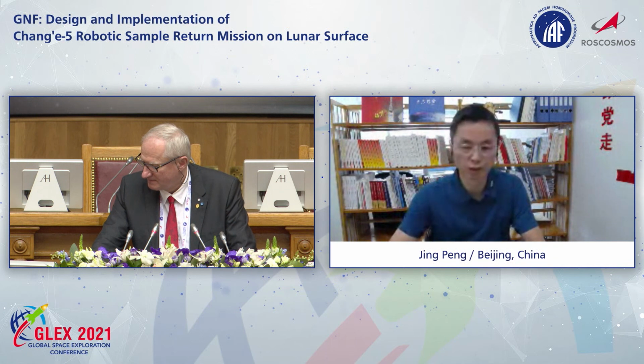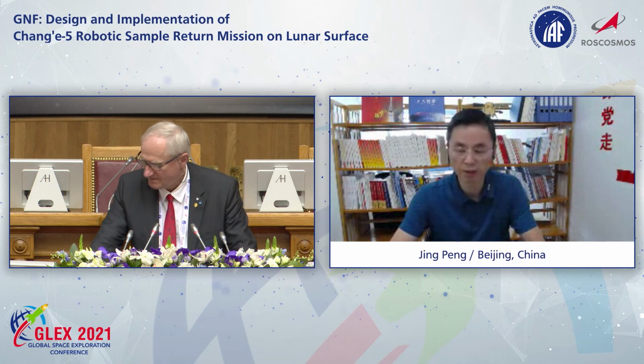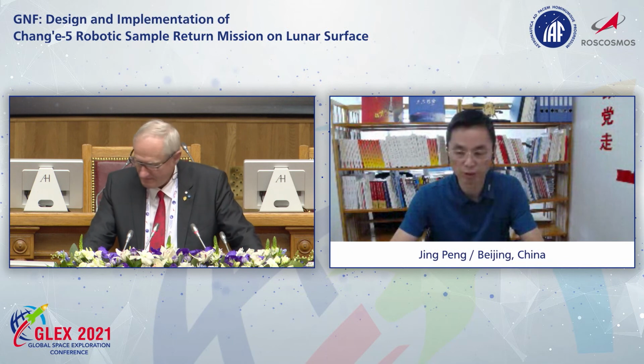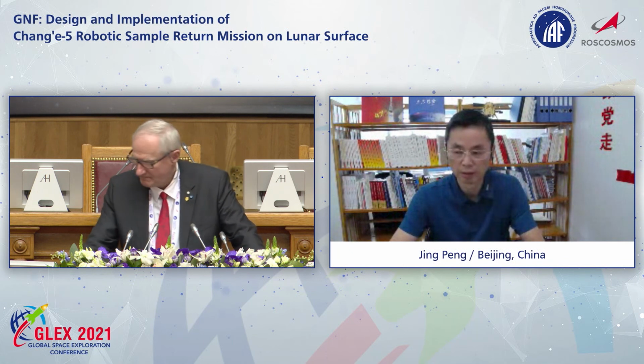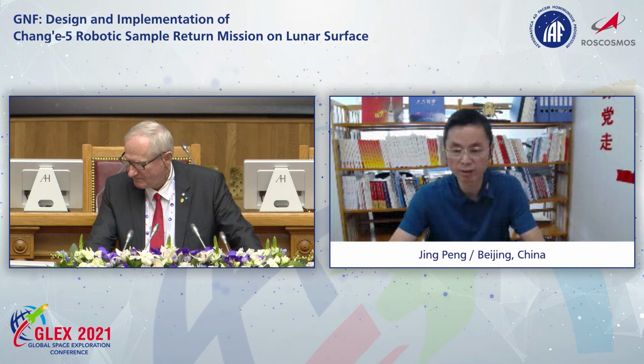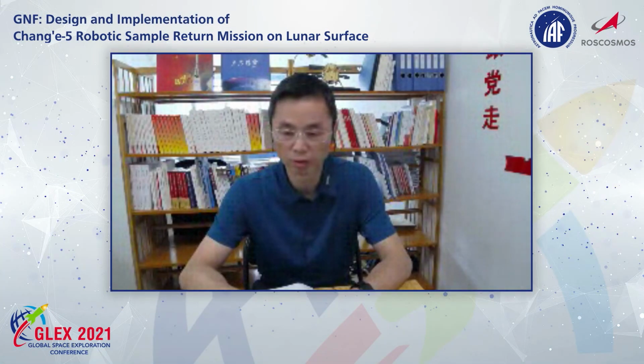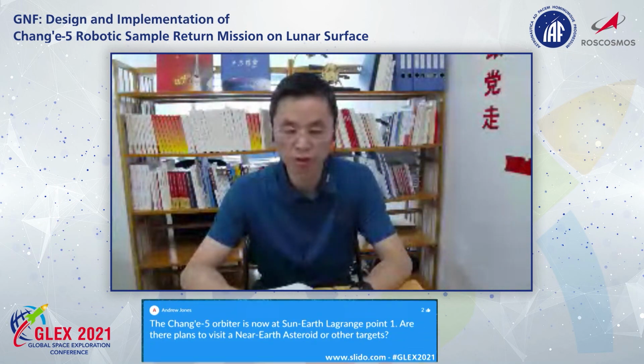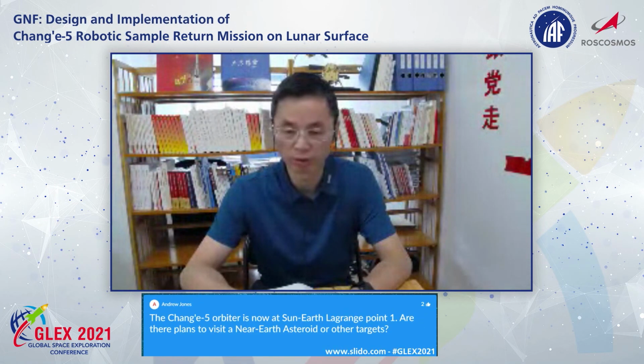Okay, thank you. The extended mission of the Chang'e-5 orbiter is still under planning. We haven't decided whether it will go back to the moon or go further into the solar system to visit asteroids and other celestial bodies.